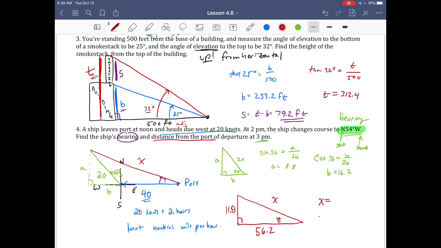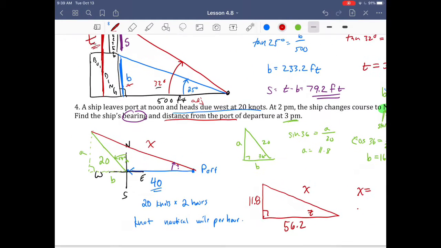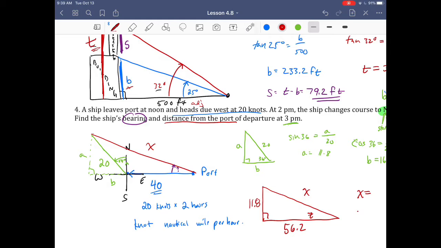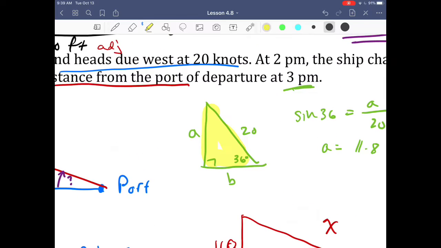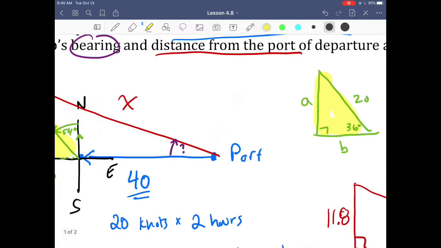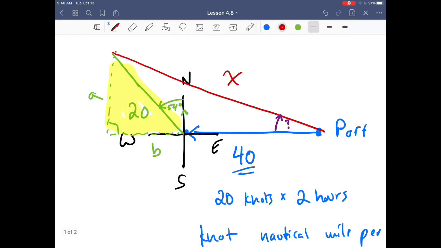Number 4 is a little bit tricky because what you really need to do, once you have that bearing in place, is imagine this little added triangle to complete a right triangle. So we've got it over here. This angle down here is 36 degrees because we would subtract from 90 to find this angle right there.